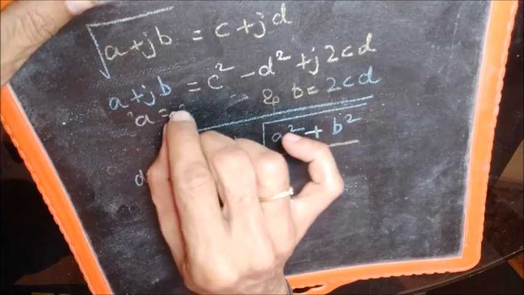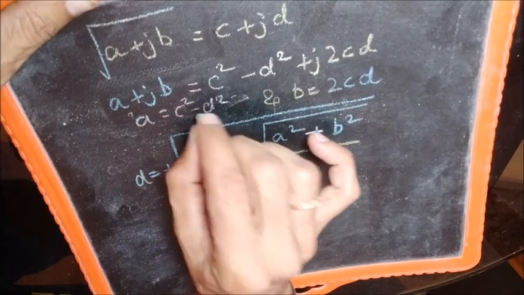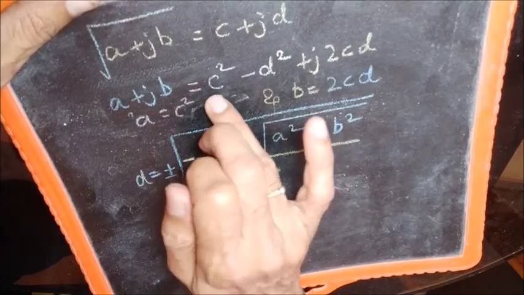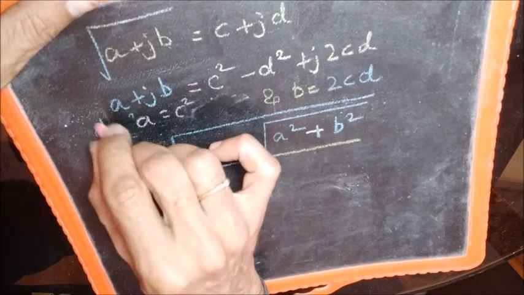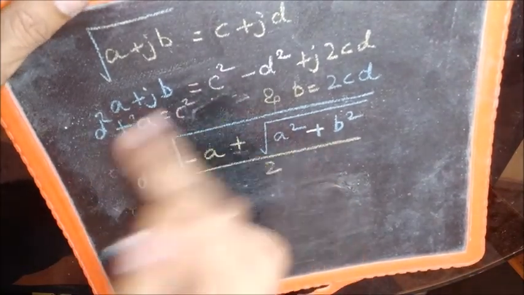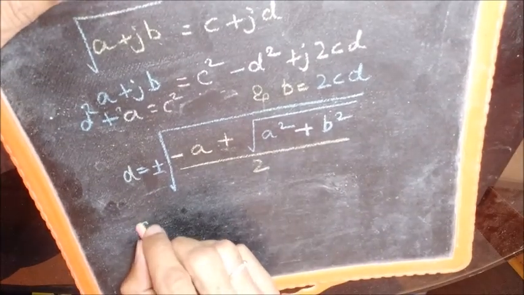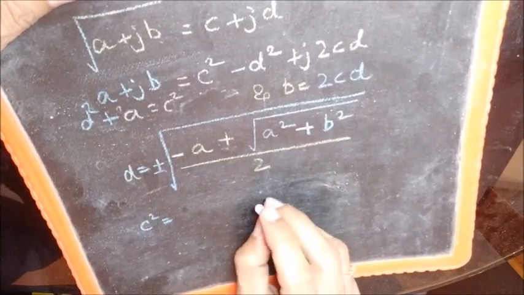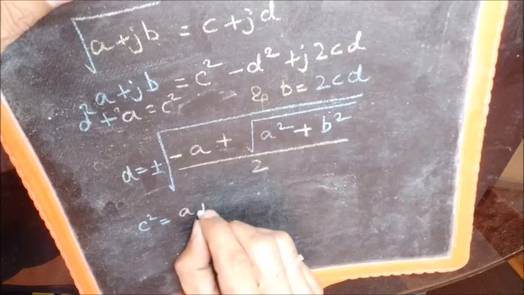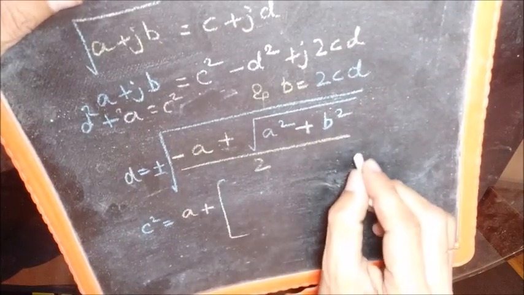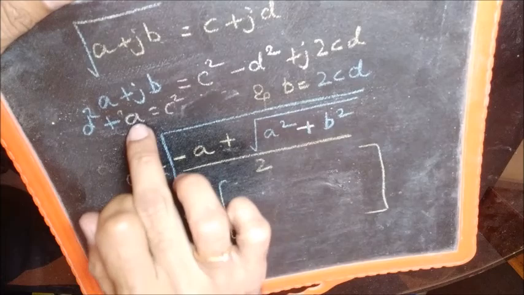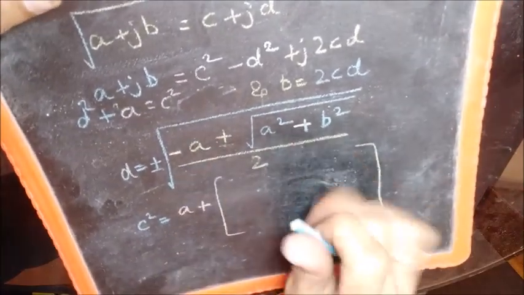We had a as equal to c square minus d square. So I can write c square as equal to d square plus a. I just bring the d square here. C square is equal to a plus d square. And d square I have here.